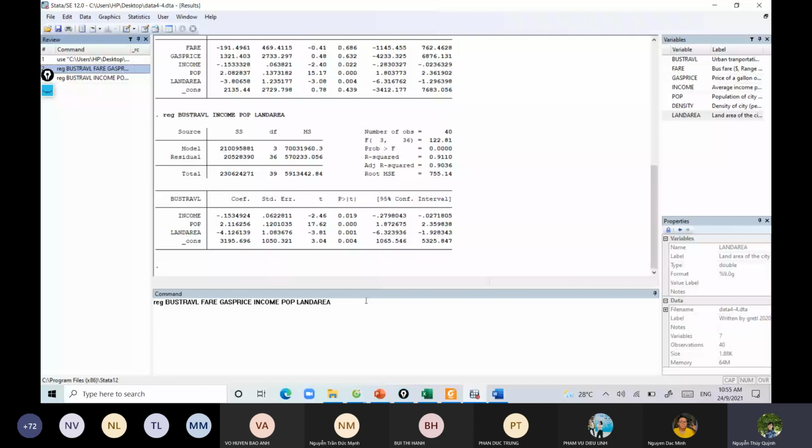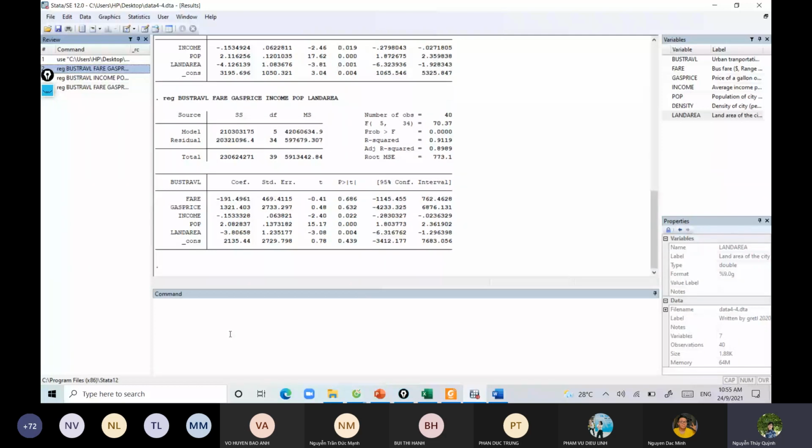After you have run the regression of the unrestricted model, you type the following command: test fare gasprice, and then just enter.